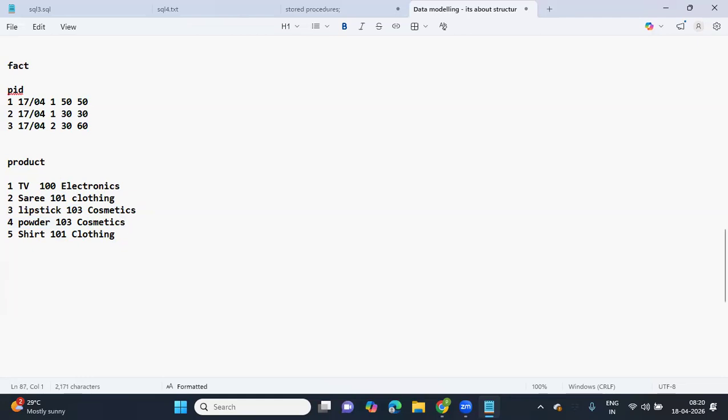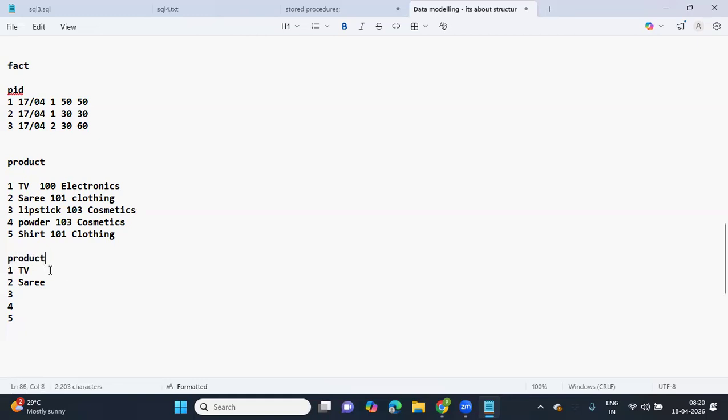One is with only the products 1, 2, 3, 4, 5. This is a product table with the TV, sari, lipstick, and all of that. I'm not going to write it all, it is taking time. Okay, now this is a product table.